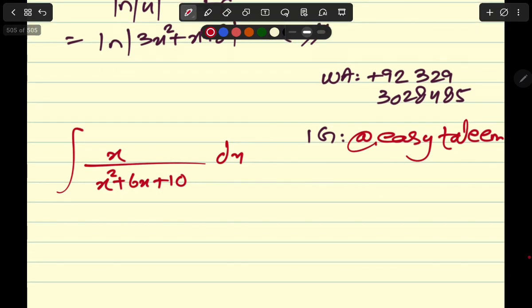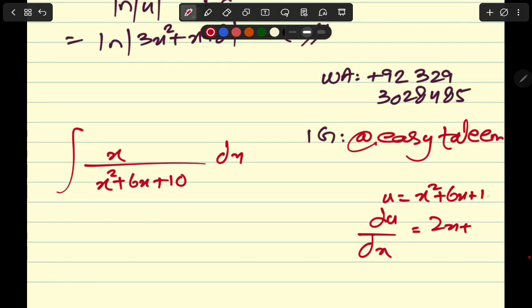Now, you can see that the denominator has a differential of 2x plus 6, but 2x plus 6 is not present in the numerator. So let's do a few adjustments to the numerator. Because the numerator is only x, a direct substitution does not yet work cleanly.